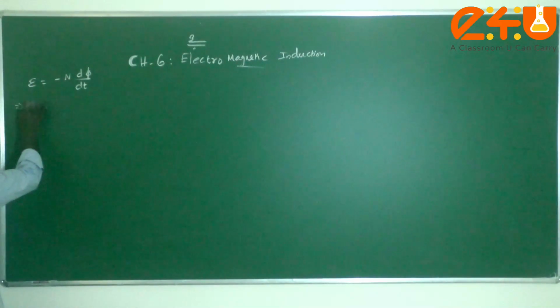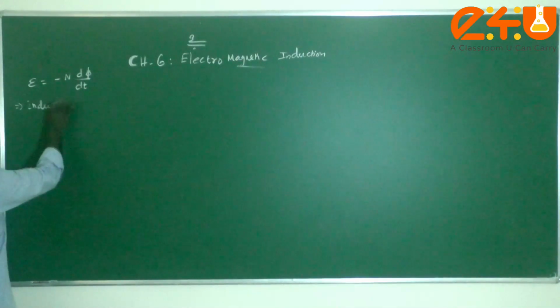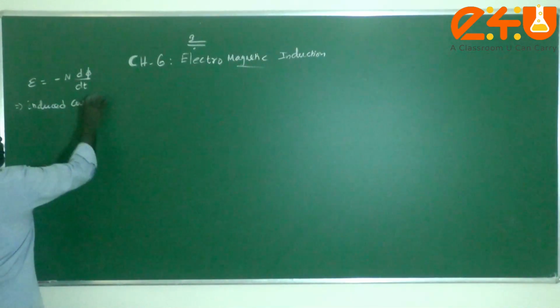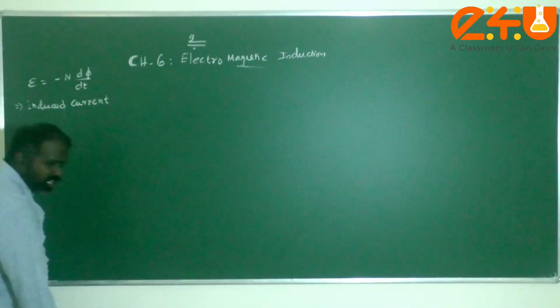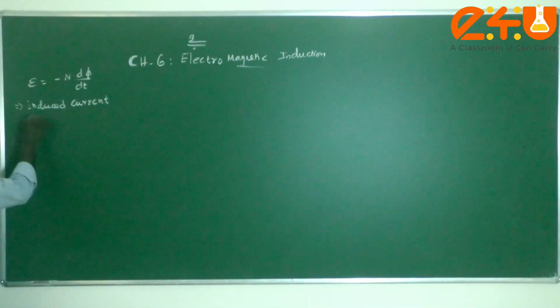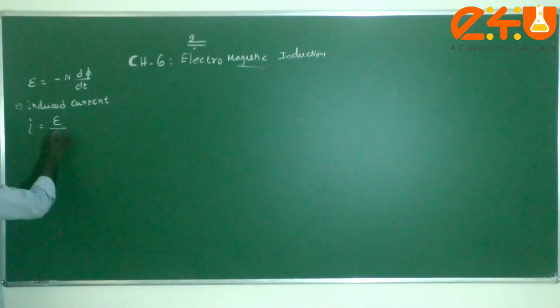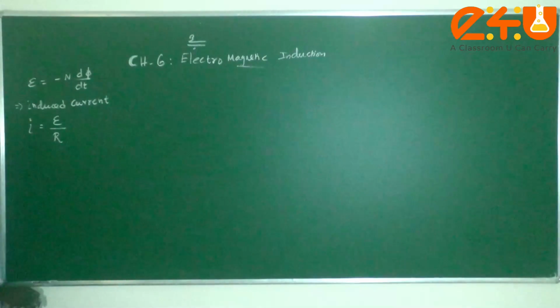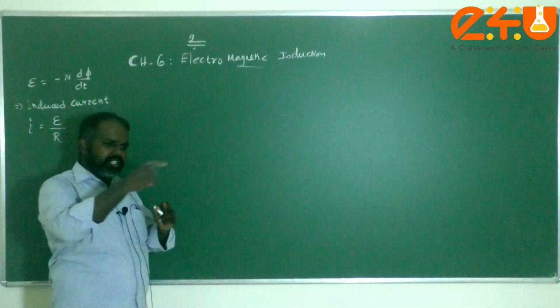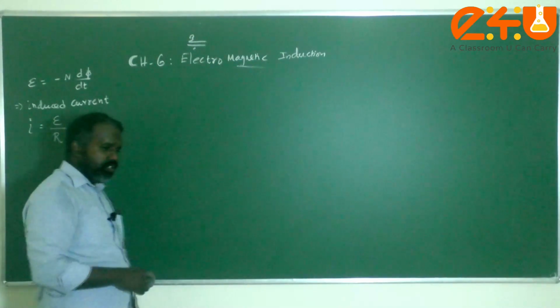Therefore, the expression for the induced current is I is equal to voltage by resistance, where R is called what, children? Resistance of the coil or material used in the closed loop.